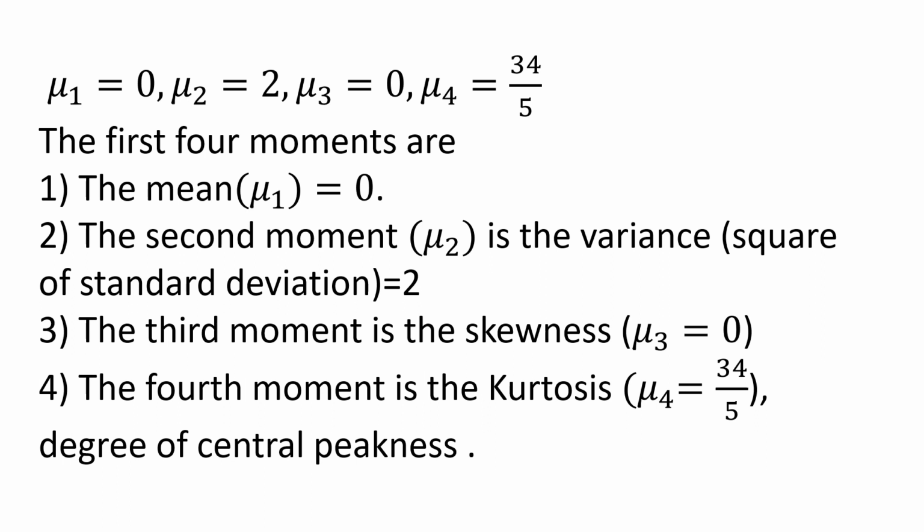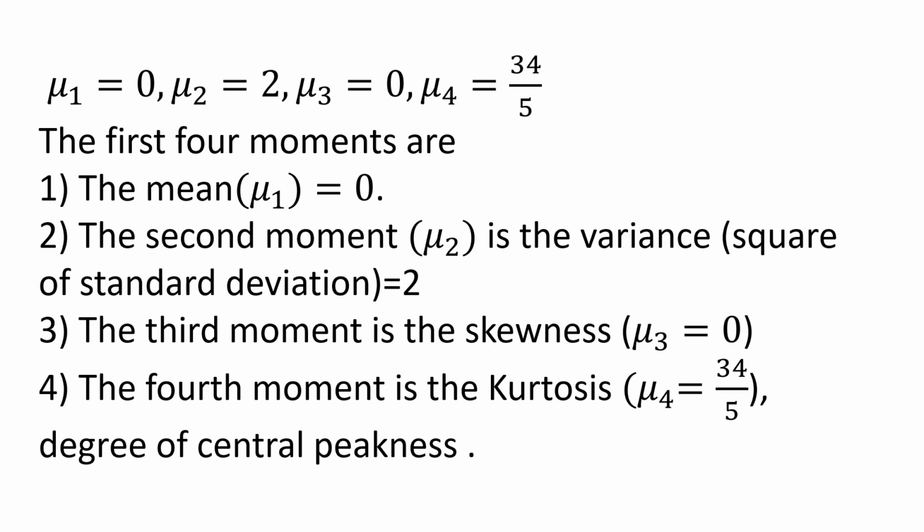So these four moments are basically: the first one is the mean basically. The second one is the variance, or you can say standard deviation, the same thing. So these two parameters are basically measured by mu2, that is the value 2. In this way, we can calculate standard deviation also because that is used in many problems.